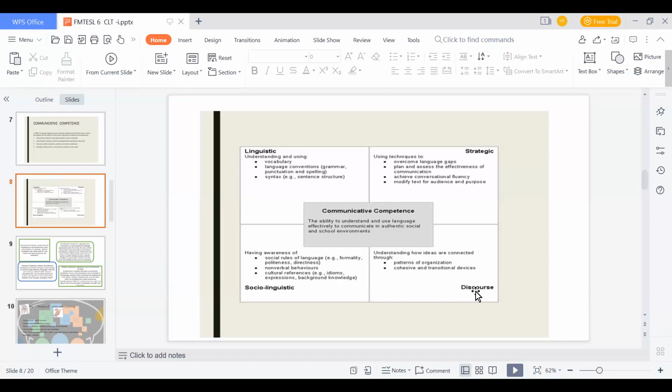So connectedness should be there. That is discourse competence. And strategic competence is using techniques to overcome language gaps and barriers.